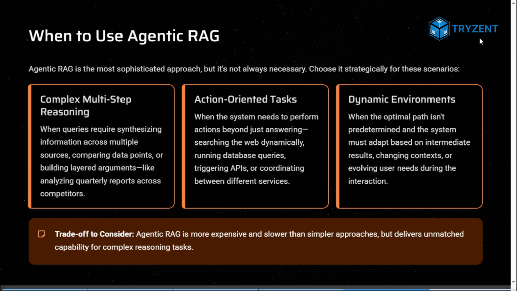Or when we want to adapt in dynamic environments where the right path isn't known in advance. It is the most advanced RAG setup, slower and more expensive, but incredibly capable.